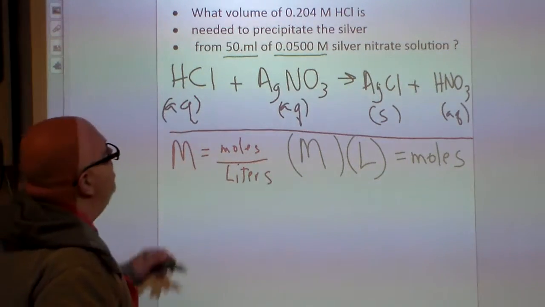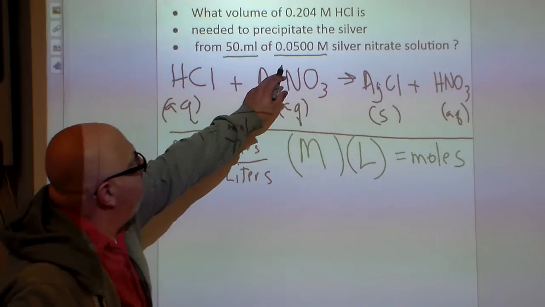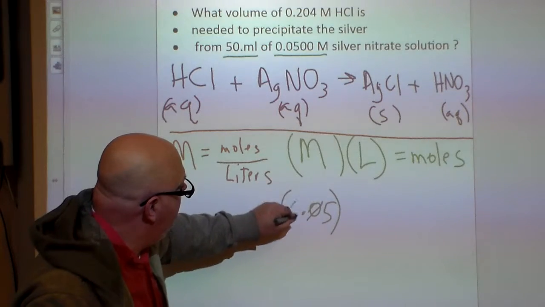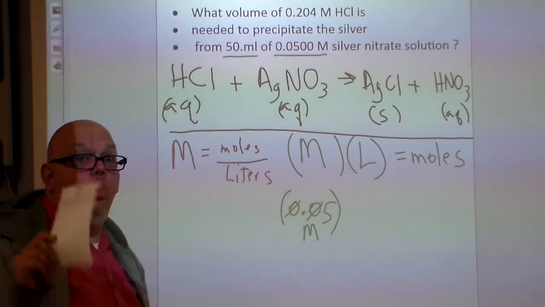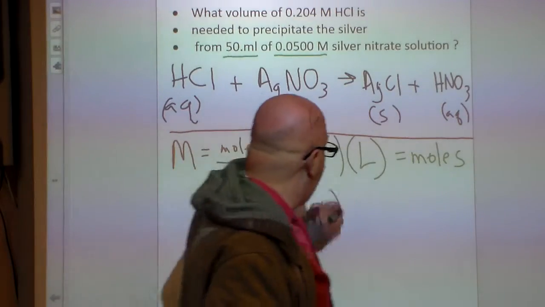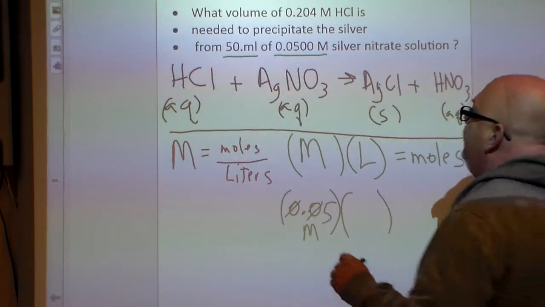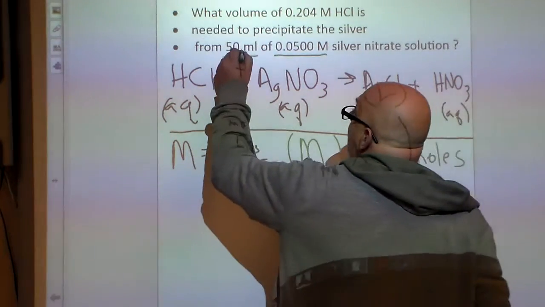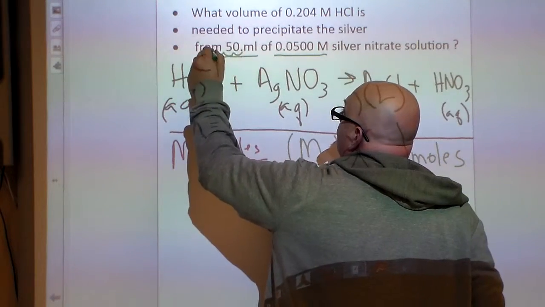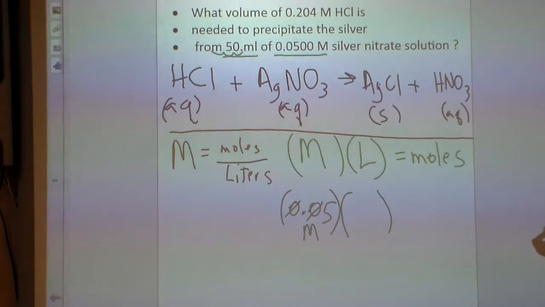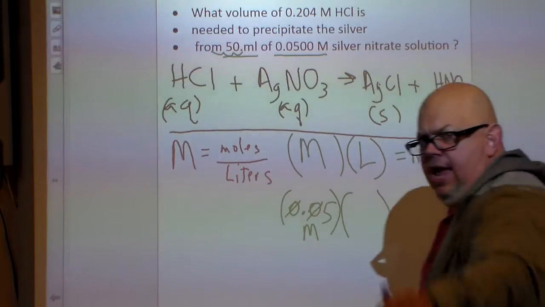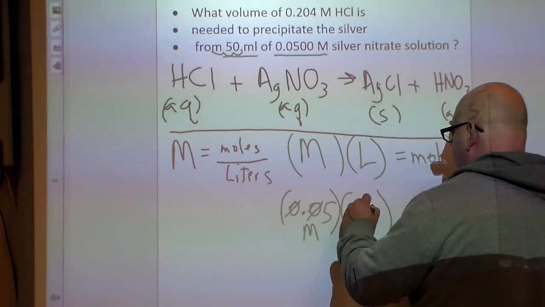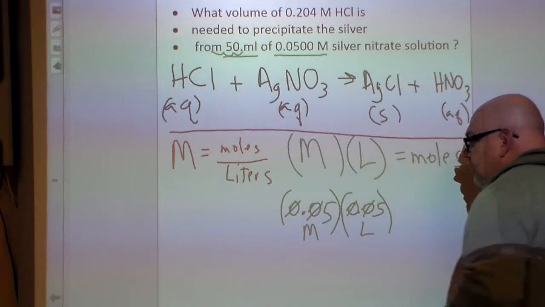So here we are. What's my molarity of the silver nitrate? 0.05 molar. And the liters: we have to divide by 1,000, right? Another way to do this, that would be quick, is to move the decimal 1, 2, 3 places to the left. It's quick, it's easy, and it's the law. So we're going to have, wow, what do you know, 0.05 liters.